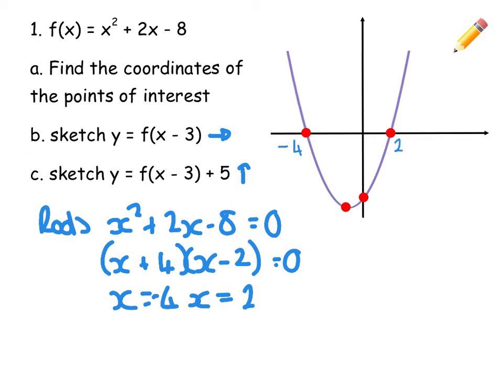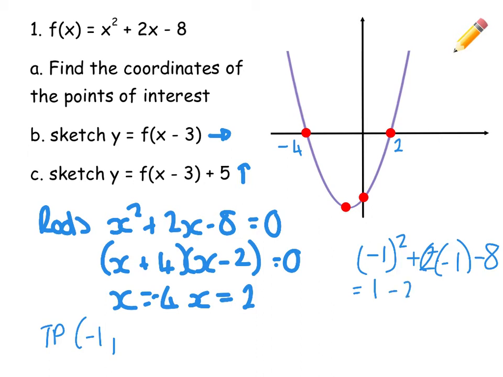Next thing it's got is, I'll do your turning point. Your turning point is bang in the middle of 2 and minus 4, which is minus 1. So the turning point is at minus 1, and if you plug minus 1 back into that equation, you have got minus 1 squared plus 2 times minus 1 minus 8, which is 1, take away 2, take away 8, which is minus 9.